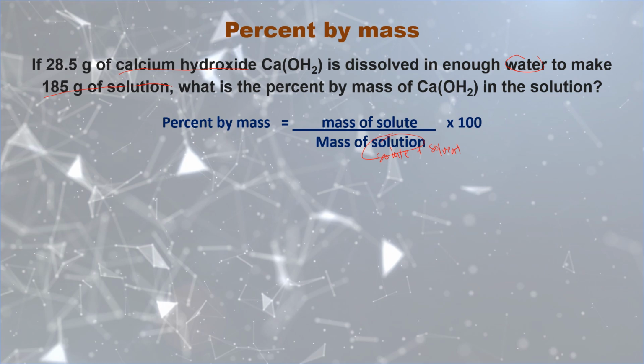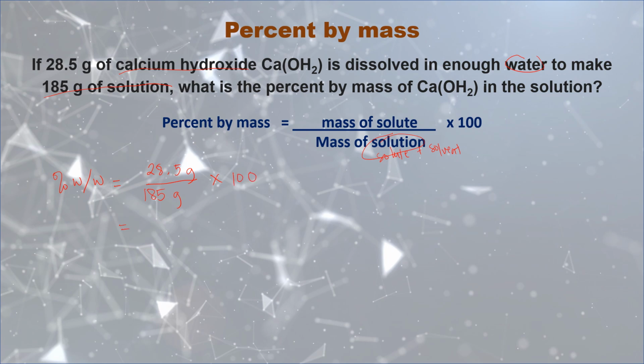So using the formula, percent by mass is represented by percent W over W, or sometimes it's also M over M. Okay, so we write the mass of the solute, which is 28.5 grams, over the mass of solution. It's already in a solution in here. It's 185 grams. Okay, times 100.